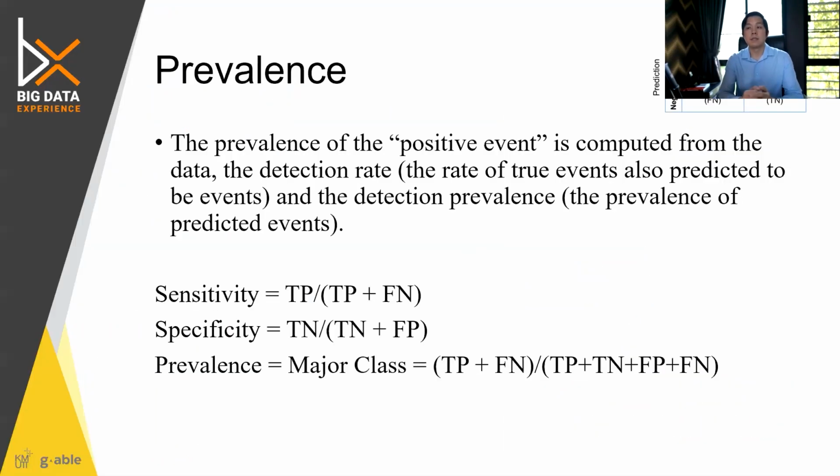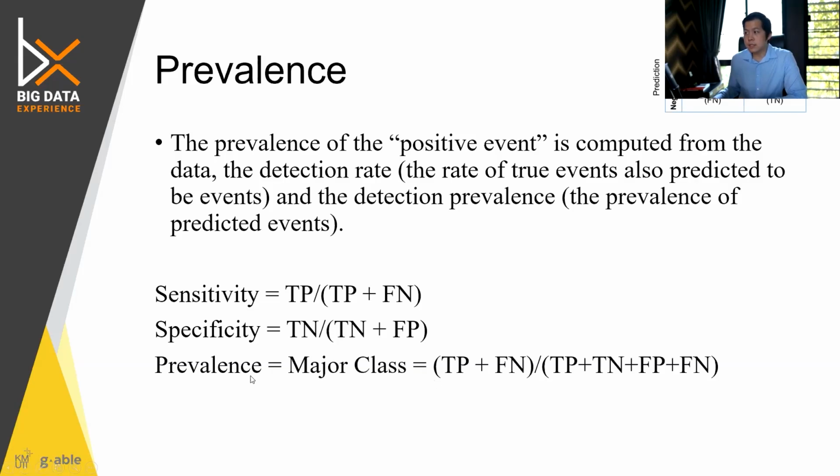First, let's look at the prevalence. Okay, what does prevalence mean? Prevalence indicates the positive event. It is computed from the detection rate, and you have detection prevalence. So let's take a look at the value here to gain more understanding about the prevalence.